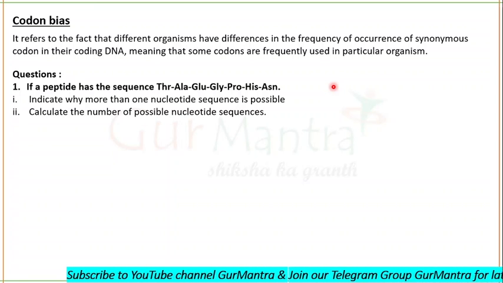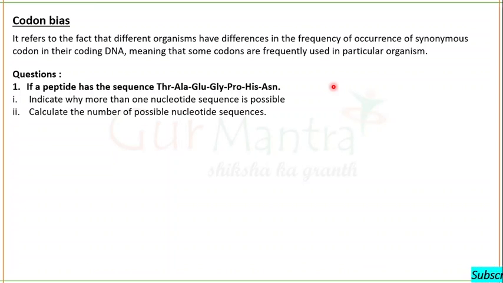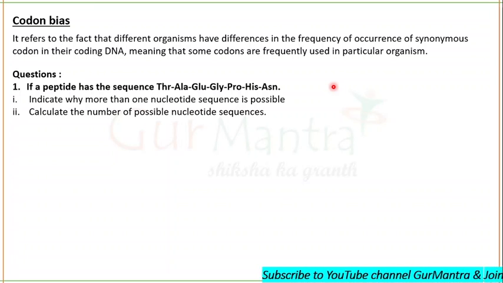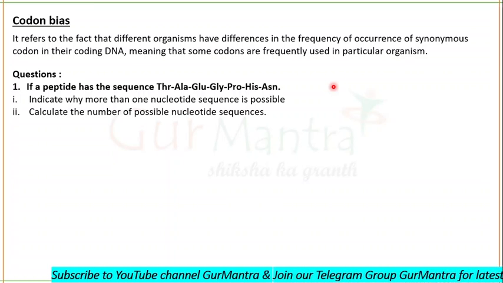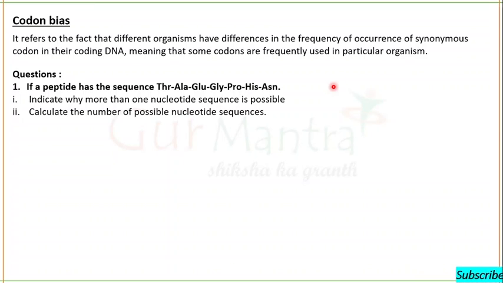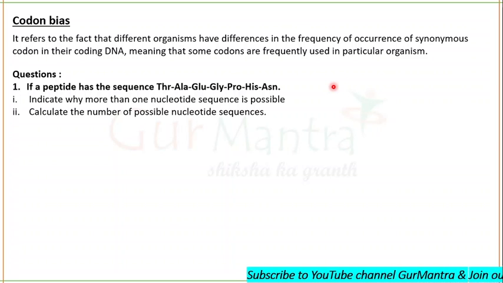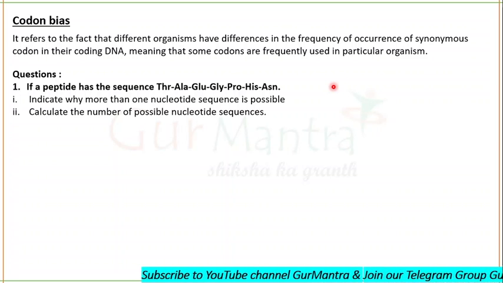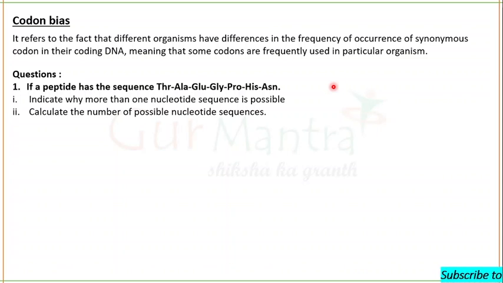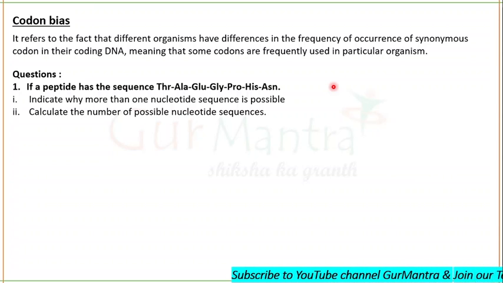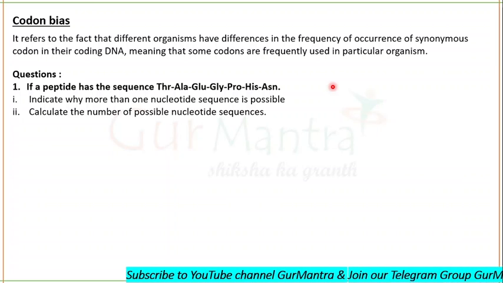All these are called synonymous codons. So if one amino acid is encoded by 6 codons, then in one organism the frequency of 3 codons will be more than that of the other 3, and in some other organism the frequency of the other 3 codons will be more. Okay, I hope you understand. So this is what we call codon bias.